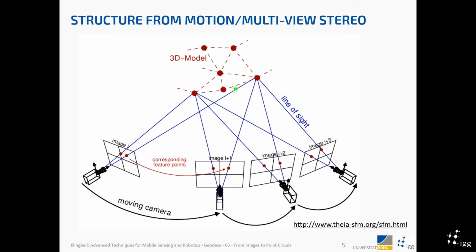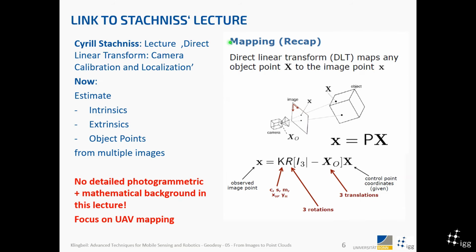and this is what's called structure from motion. There's a very strong link, so this is probably not a surprise for you, to what Cyril Dachnes told you in the first part of this course, right? So especially in the lecture Direct Linear Transform, Camera Calibration and Localization, that was the topic, right?